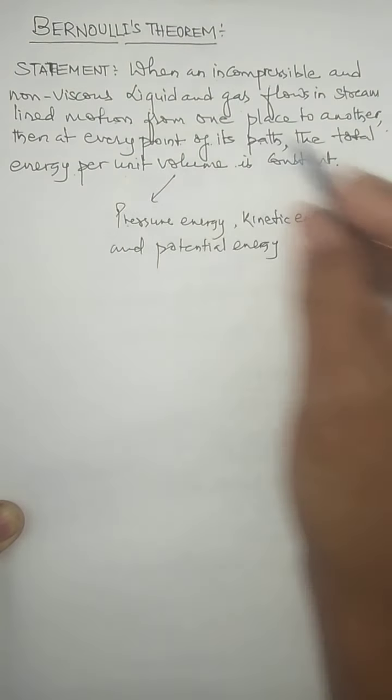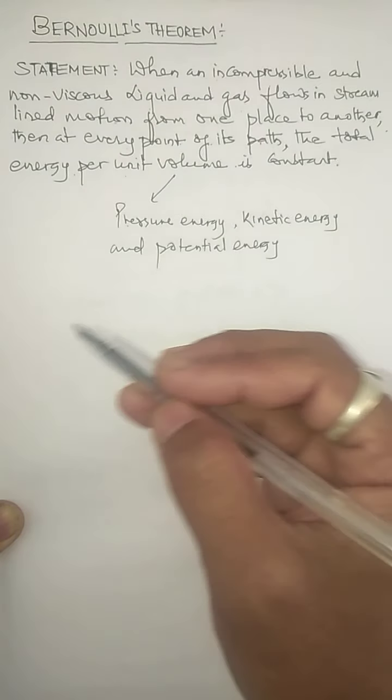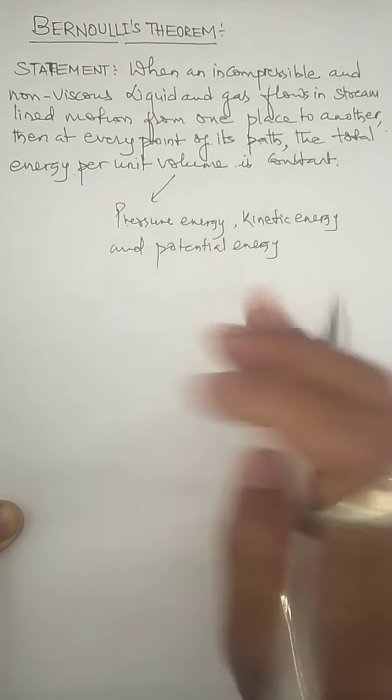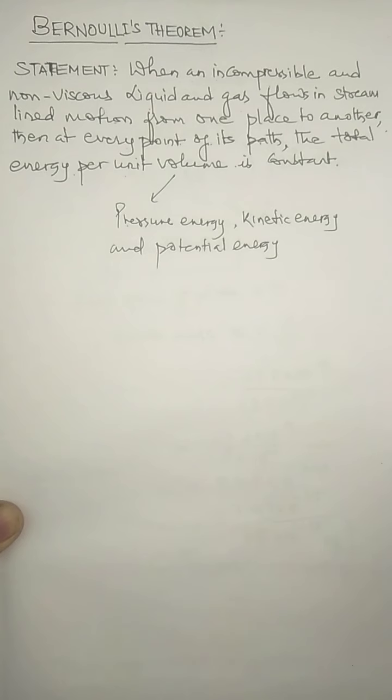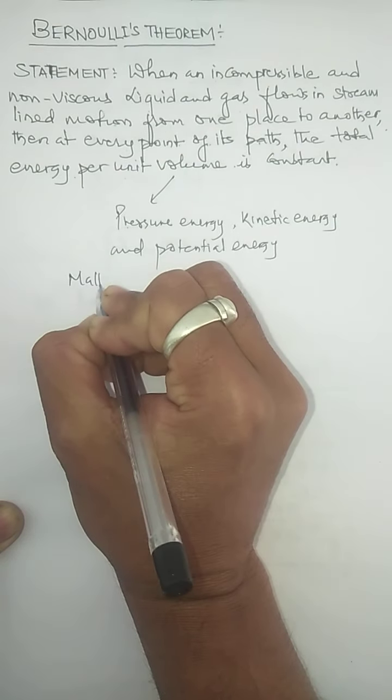These are the total energy that remains constant per unit volume when the incompressible and non-viscous liquid or gas flows in streamlined motion. This is the statement of Bernoulli's theorem.